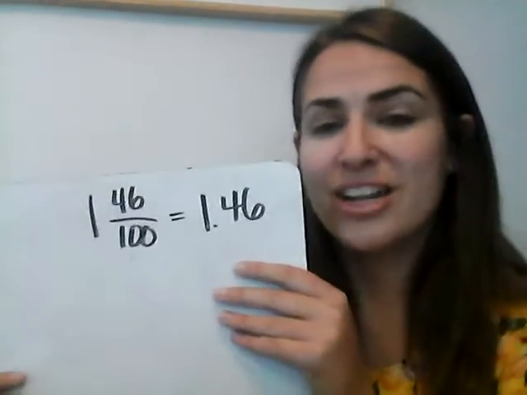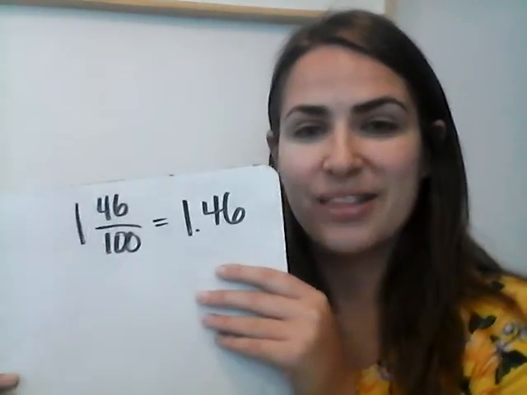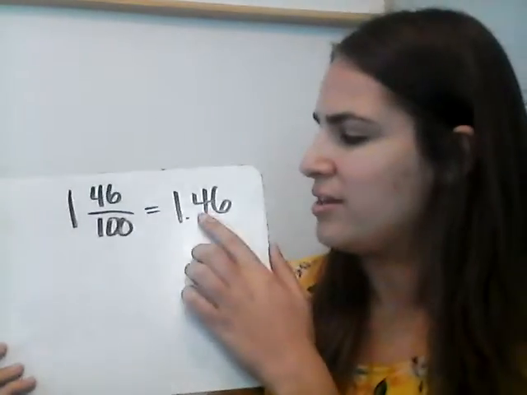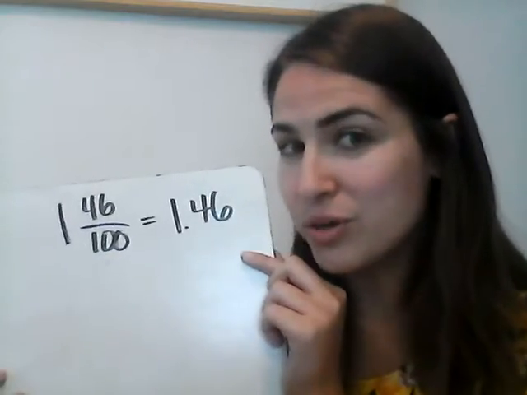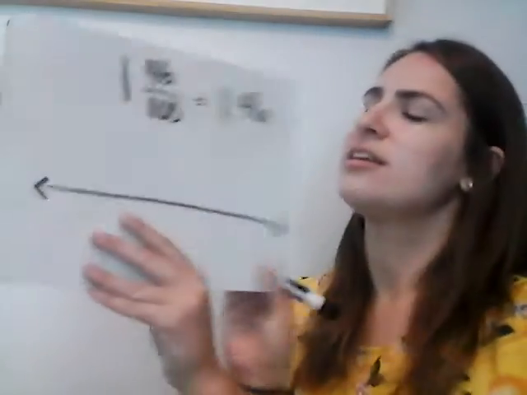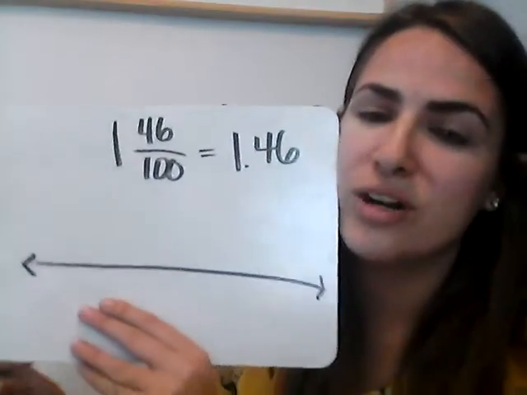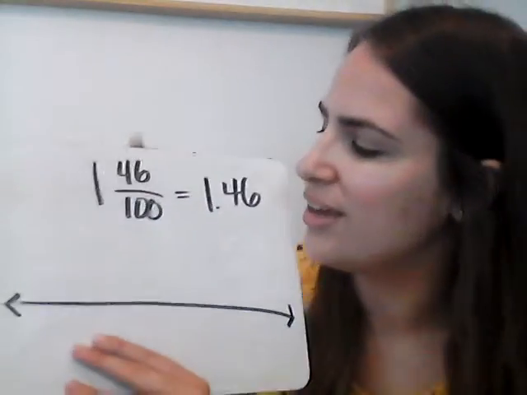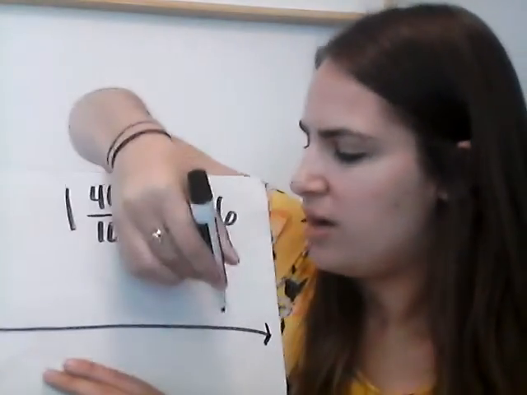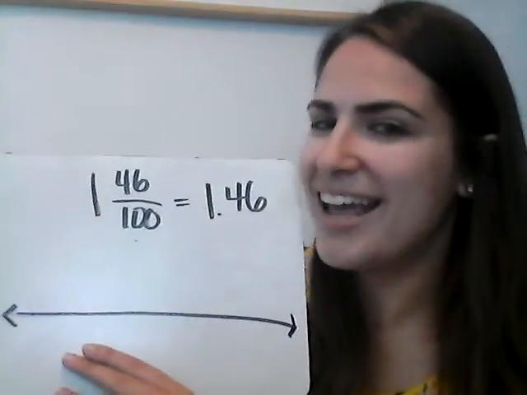So you guys, you might want to think back to yesterday's lesson 6.4, on breaking this up into its tenths and hundredths. That might help you when you make a number line. So if you were to show 1 46 hundredths on a number line, and you are going to do this on your own, think about where your number line should start and end.